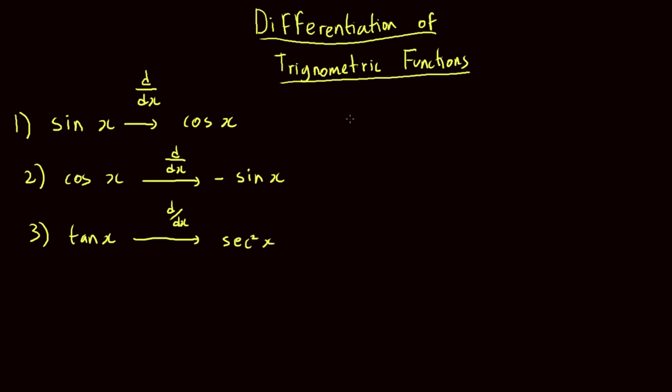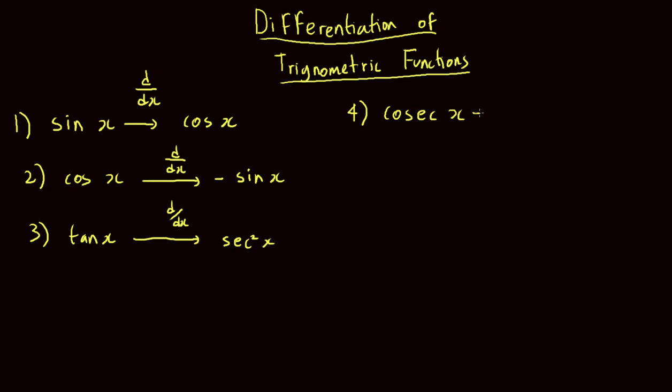And also, besides these basic three trigonometric functions, we also have the reciprocals as well. So obviously we have the cosecant of x, or cosec x, which equals 1 over sine x.